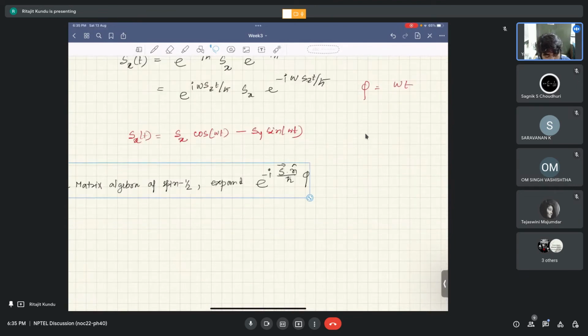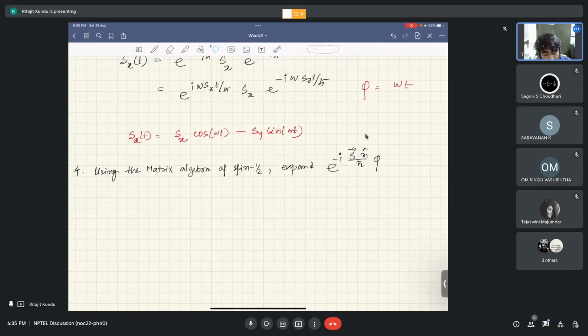In this problem we are looking at a general rotation operator, which means that around some n cap direction in my 3D space, I'll do a rotation by phi, and this is the operator that does that. We can actually simplify this operator even more.